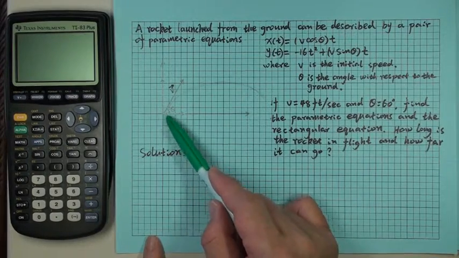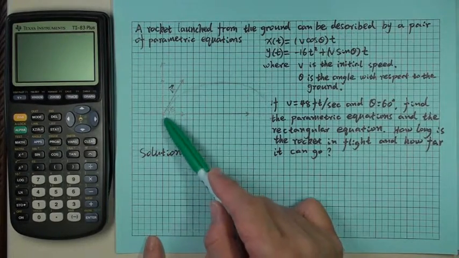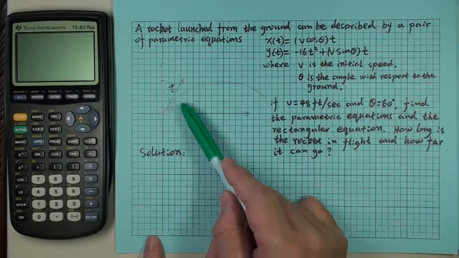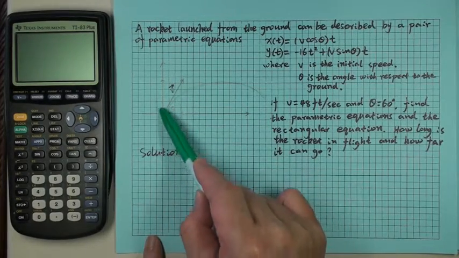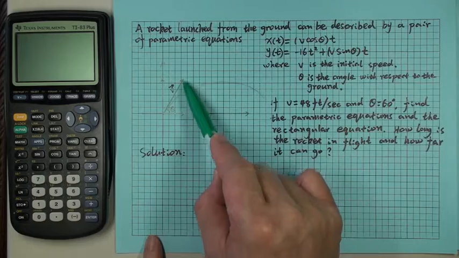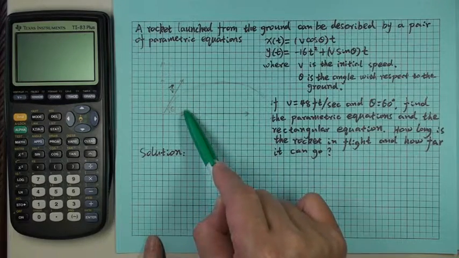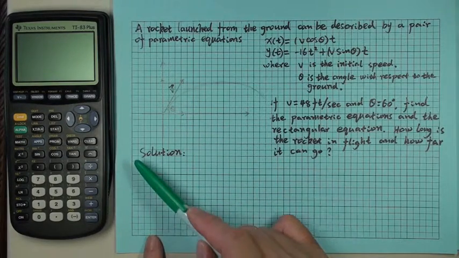One is in the horizontal direction, which is the adjacent side of theta. Another is in the vertical direction, which is the opposite side for this theta.